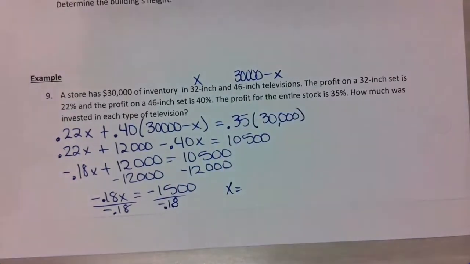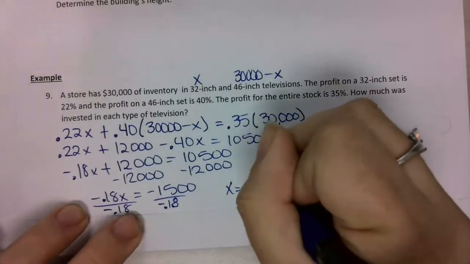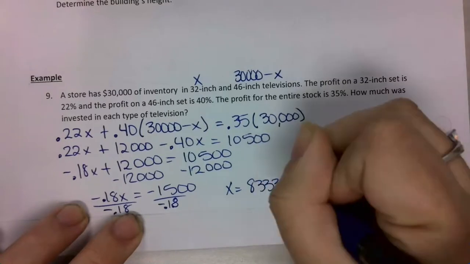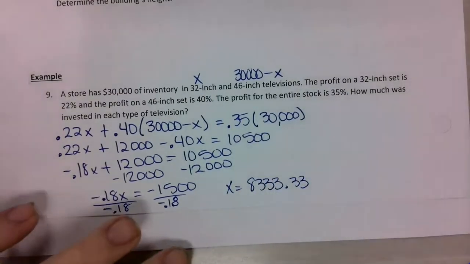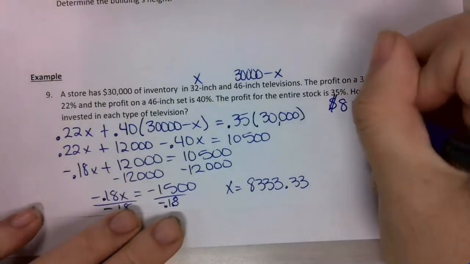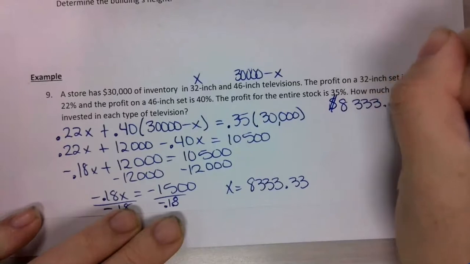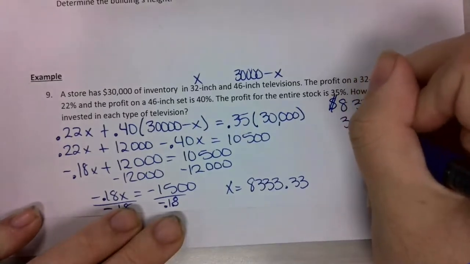So I get x equaling, so because it's money, I'm going to go out to 2 decimal places. And then it's asking how much the company spent on each TV. So they spent $8,333.33 on 32-inch.